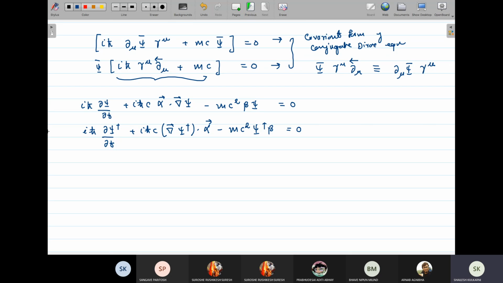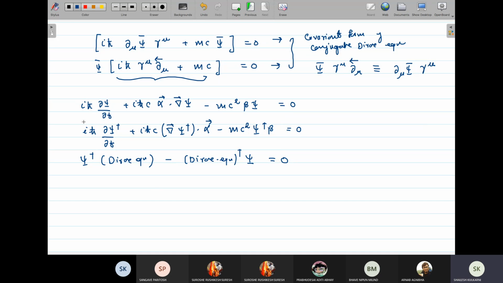Now you construct ψ† times the Dirac equation, minus the Dirac equation dagger times ψ. This will be 0 because the right-hand side is 0.